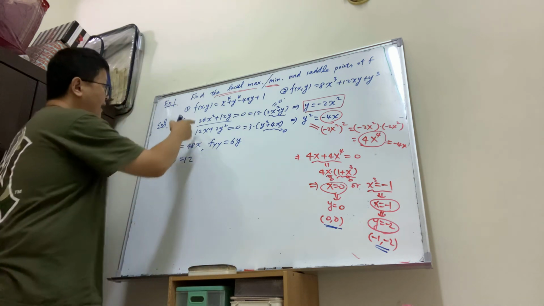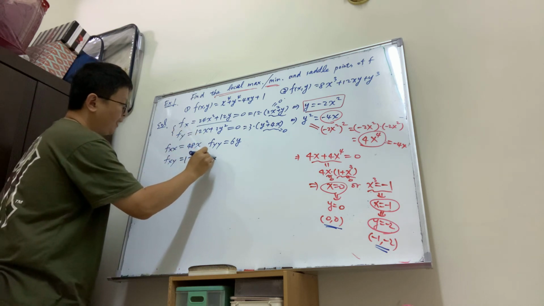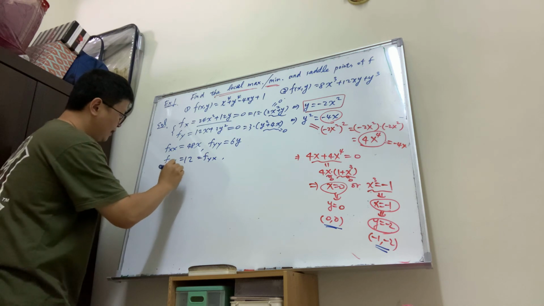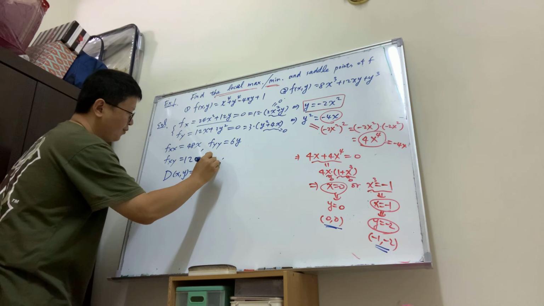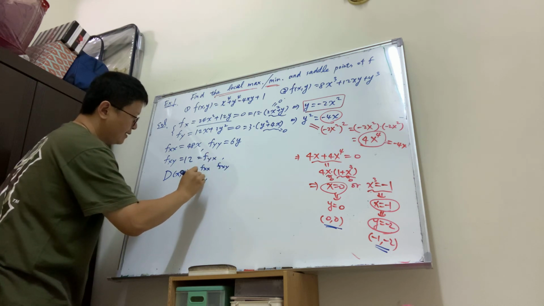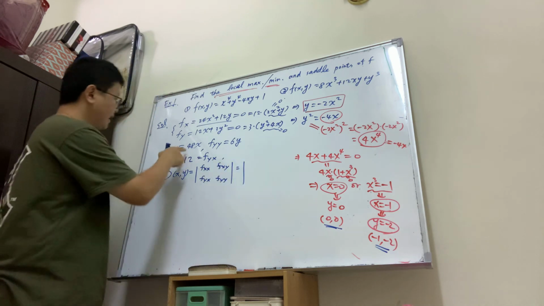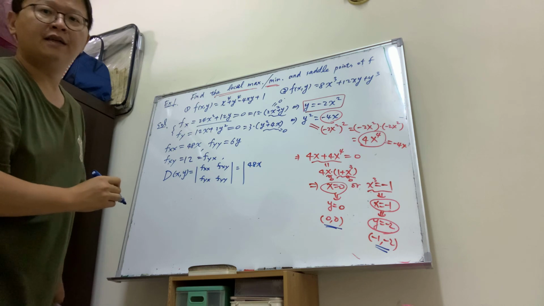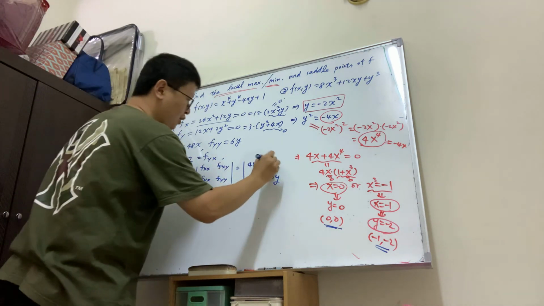And fyx is also equal to 12. So our determinant D(x,y) is equal to fxx, fxy, fyx, fyy. fxx is 48x here, and here is 6y, and then 12, 12.